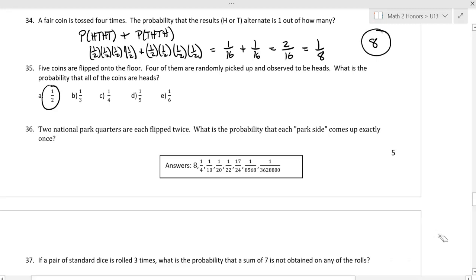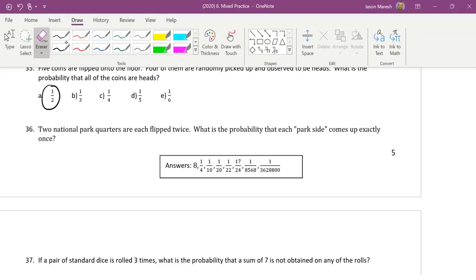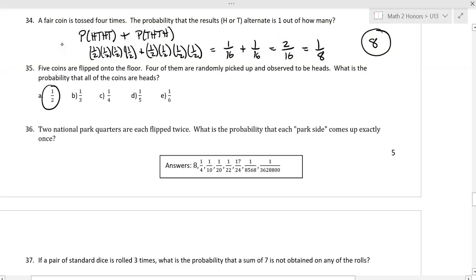All right. So these are quarters, and your quarters have sides, heads and tails. There are different types of quarters. One has one national park, one has another national park, and on each quarter, one side has a national park and the other side doesn't.